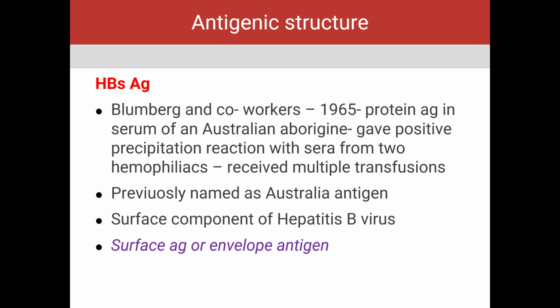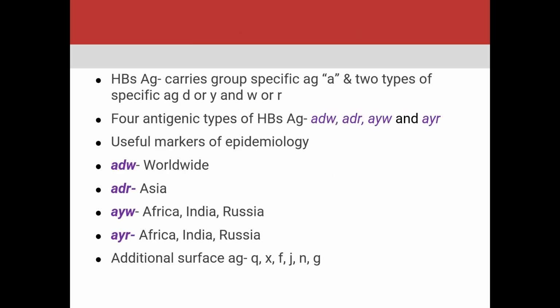Previously it was named the Australia antigen, and after that it was identified as the surface component of the hepatitis B virus. So it is called surface antigen or envelope antigen or envelope protein. Next, hepatitis B surface antigen HBsAg carries the group specific antigen. What is that?